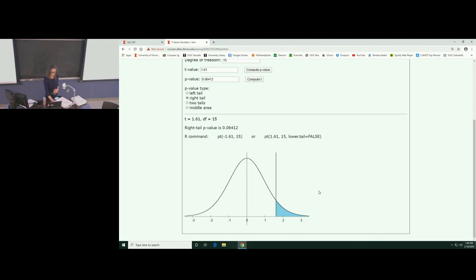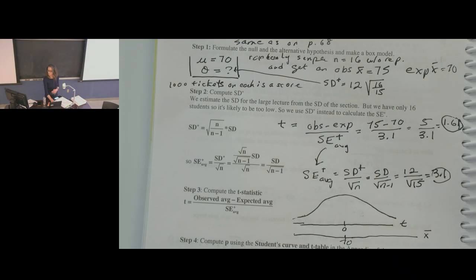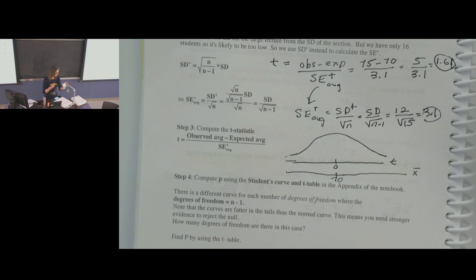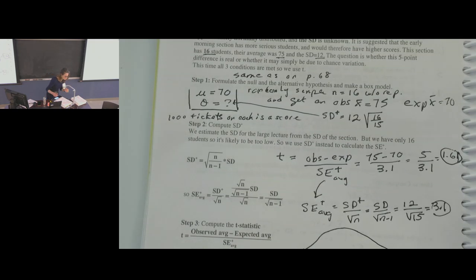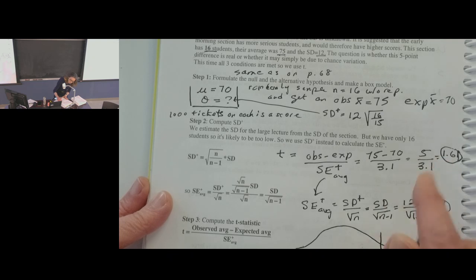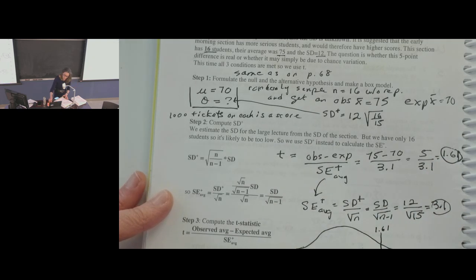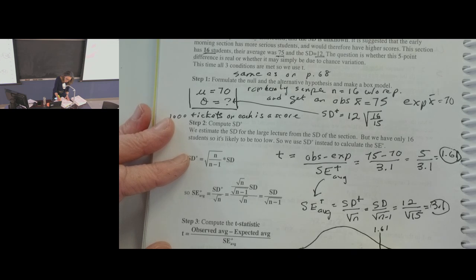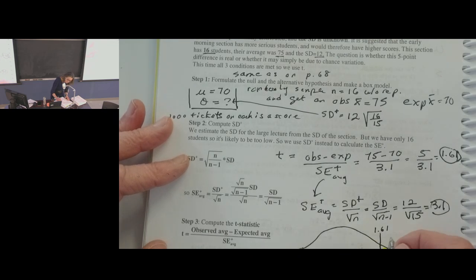Okay. So let's go back to the... all right, so now let's write down first what we actually got. We actually said that this 75 matches up with 1.61, and that our p-value right here was approximately 6.4%.